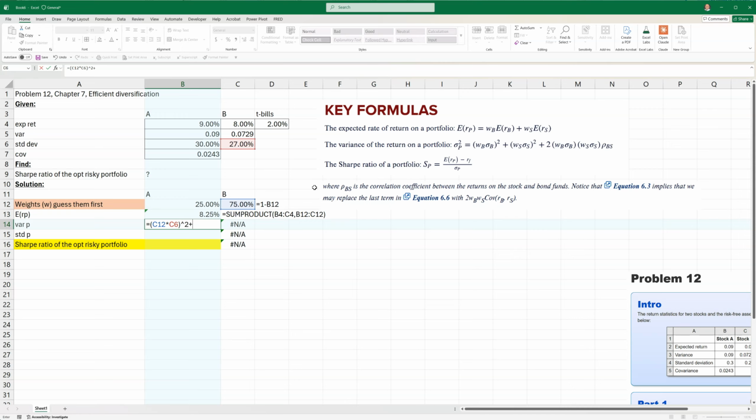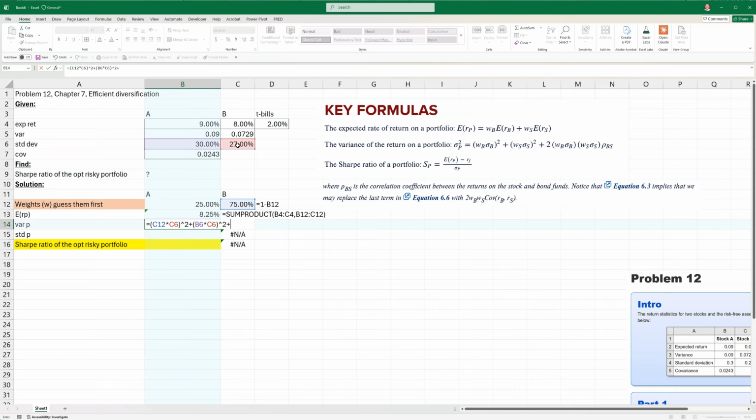And then we're going to have to add to that, and we'll use A instead of S, the weight of A times, let me put that in parentheses also, times the standard deviation of A. And we could square that. Okay.